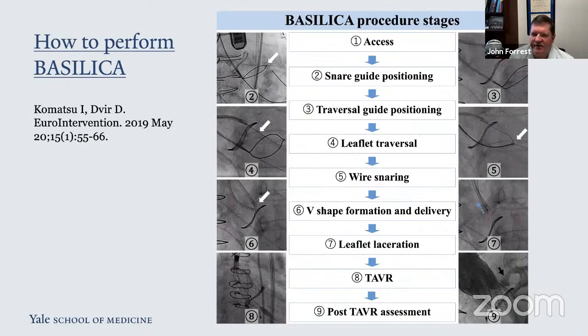So I think this is an imperfect procedure, but it gives you some chance where you otherwise would almost get certain coronary obstruction in a number of cases in patients who really can't have a redo surgery. Azim, I don't know if you have any thoughts about this.